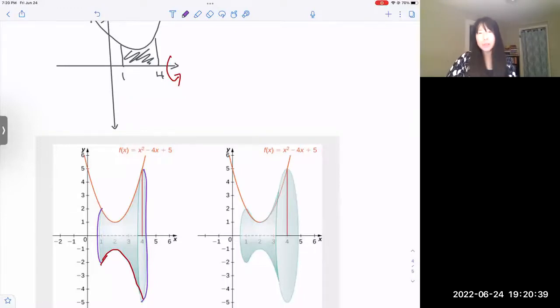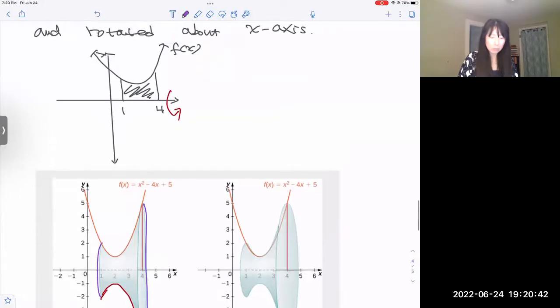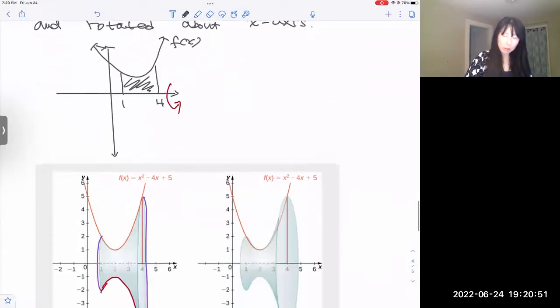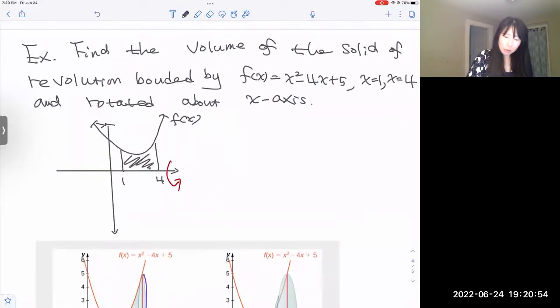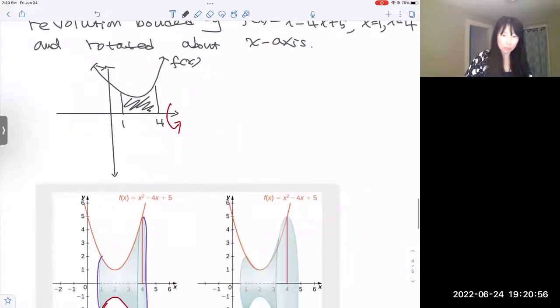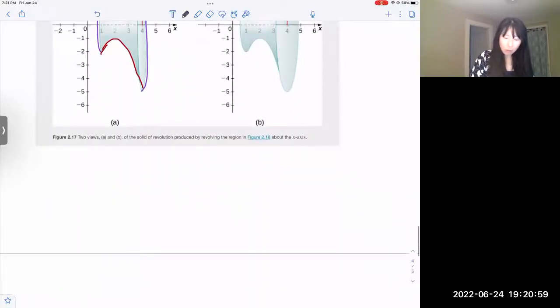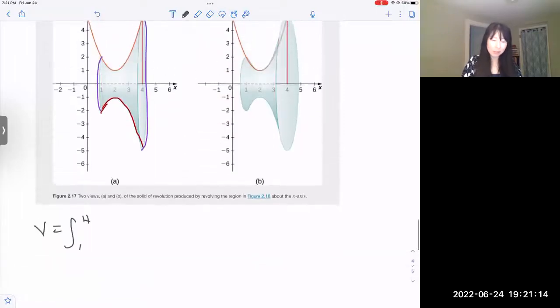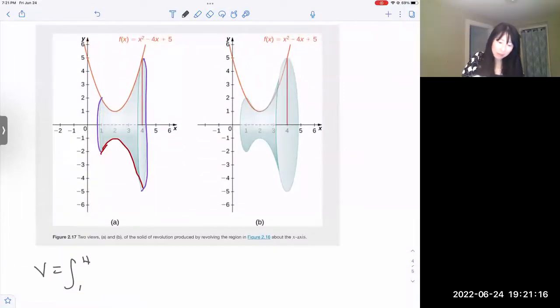All right, now let us do this one. Let me write this down. All right, how do we set it up? Volume, which is, in this case, 1 to 4, the area of, can you see? You cannot see the left side, you can see the right side.